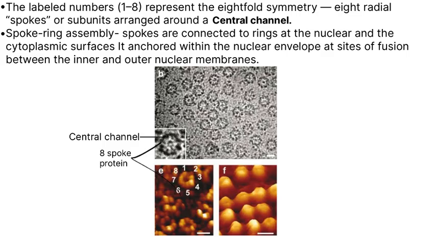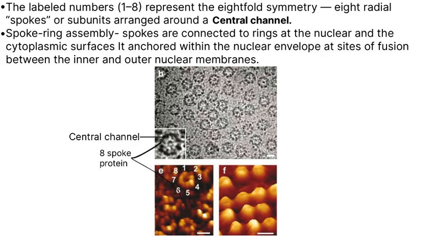Similarly, this E and F part are showing the three-dimensional surface texture of the NPC, emphasizing their raised ring shape on the nuclear envelope surface. So the NPC is often described as looking donut-shaped from the top view and cartwheel-shaped from the side view, depending on the view and imaging technique, as it has a ring with a central hole like a donut.